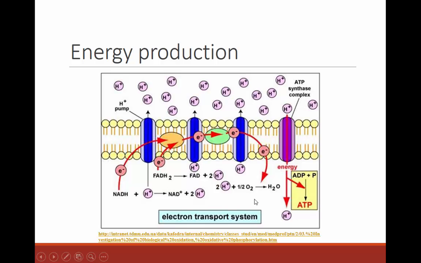Okay, so it's just movement of electrons and hydrogen ions. We've got a number of different pictures of this, so we'll just revisit it. But it's just so you're aware of the hydrogen ions being pumped out and then coming back in across that membrane.